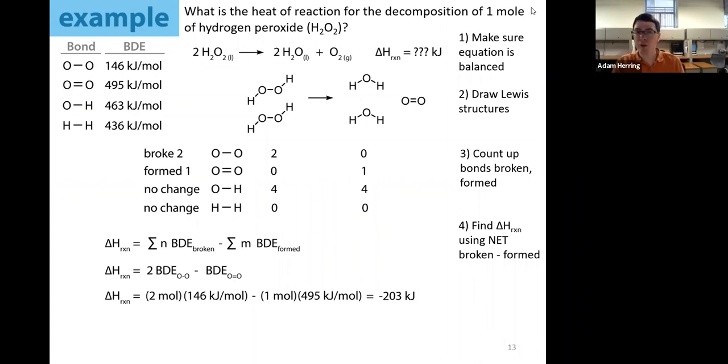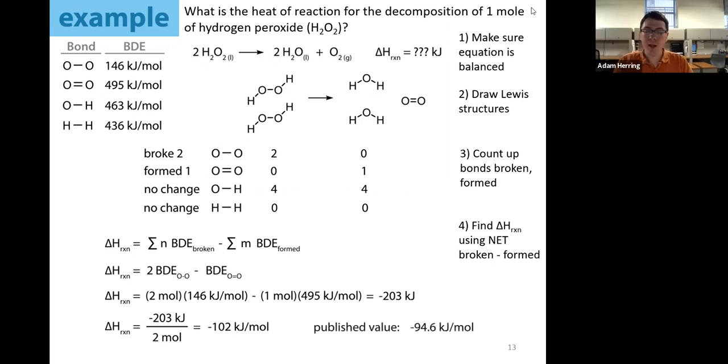However, the question is asking for the heat of reaction for decomposition of 1 mole, so we need to account for that. So we have 203 kilojoules given off per 2 moles, so that's 102 kilojoules per mole approximately that's given off. If you look up the actual enthalpy of reaction for this decomposition, then the published value is negative 94.6 kilojoules per mole.